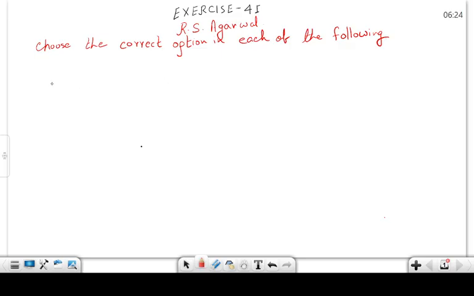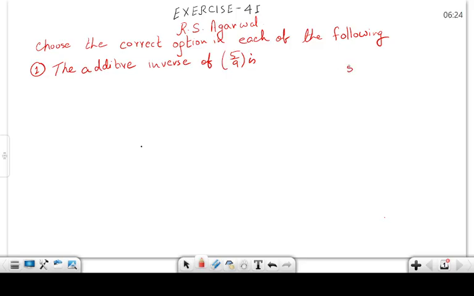Now here you see question number 1: the additive inverse of 5 by 9 is... Actually, what is the additive inverse? If we add a number to 5 by 9 such that the result is 0, that is the additive inverse.